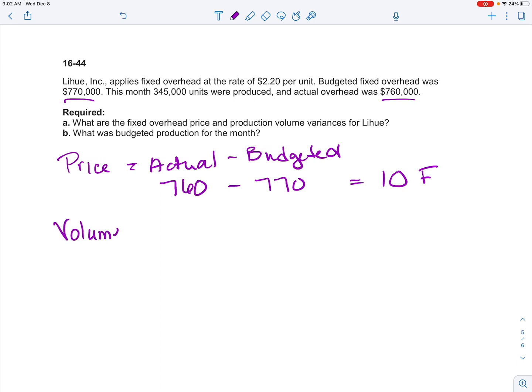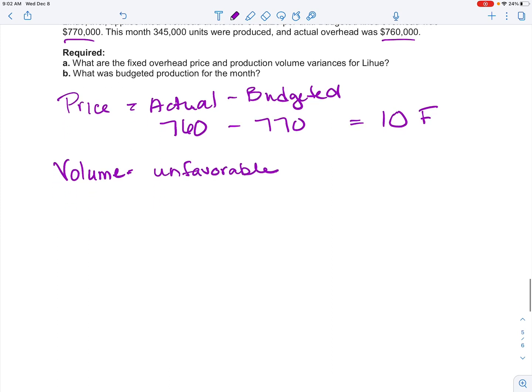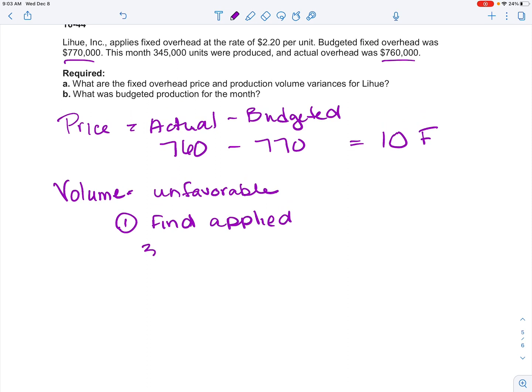Our volume variance, this is typically unfavorable. That's just looking at the capacity used and are we operating at full capacity? Normally we are not. So first step is to find your applied. To do that, we're going to take our units and multiply that by the rate they give us, just 759.